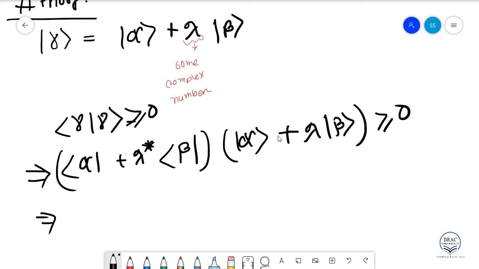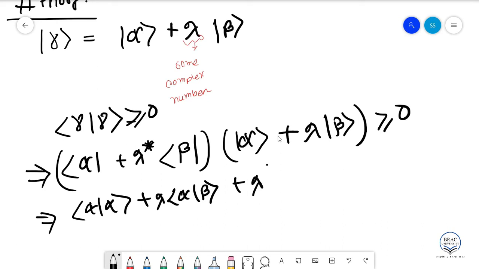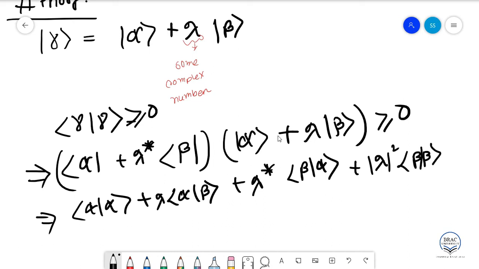So now you just take the inner product: alpha alpha, plus lambda alpha beta, plus lambda star beta alpha, and finally you will have lambda lambda star, which is just lambda modulus squared, times beta beta, which is equal or greater than 0.